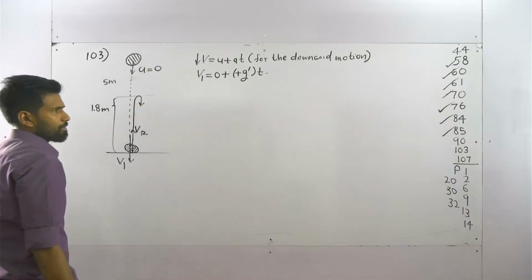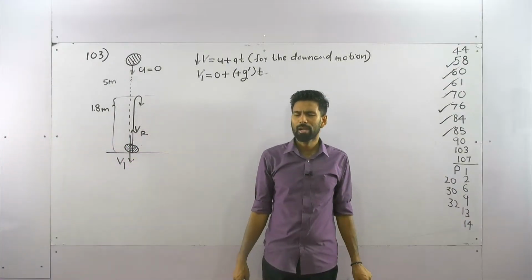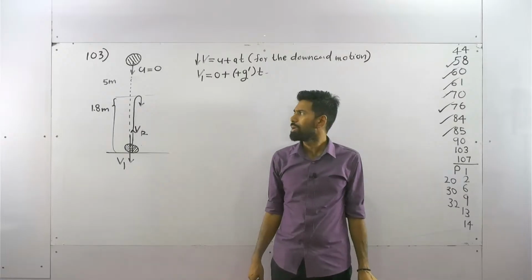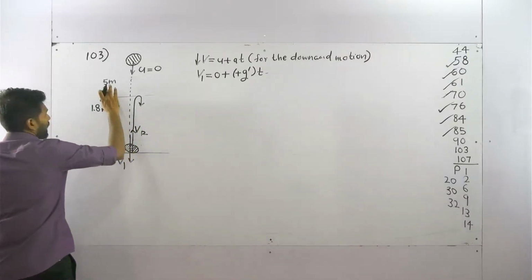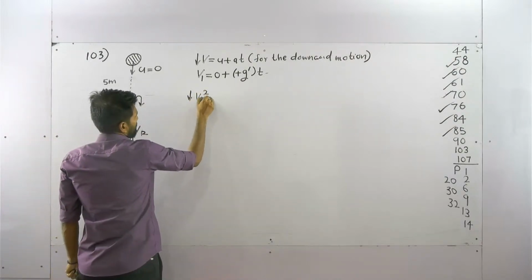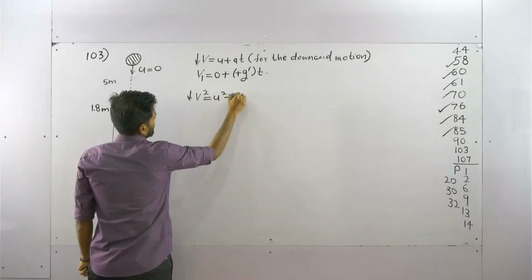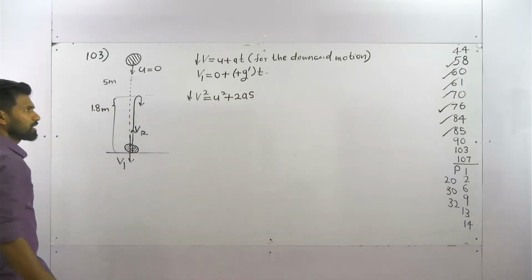But I think I didn't use the correct equation. Why? The data that they have given is the height, 5 meter. So I thought of applying v square equal to u square plus 2as again for the downward motion.